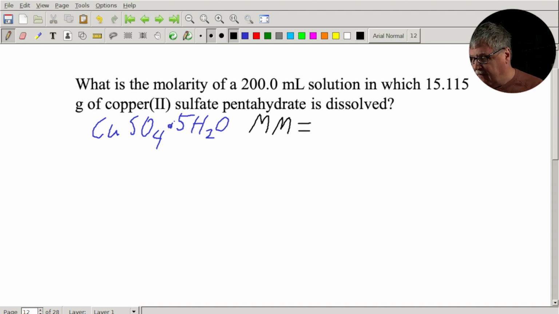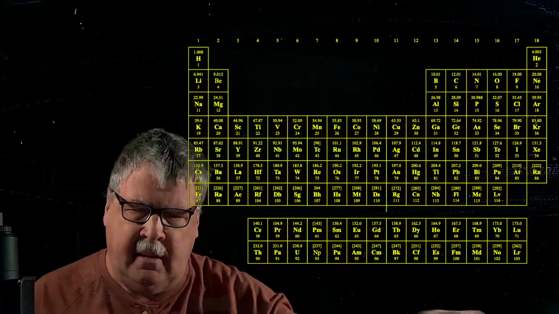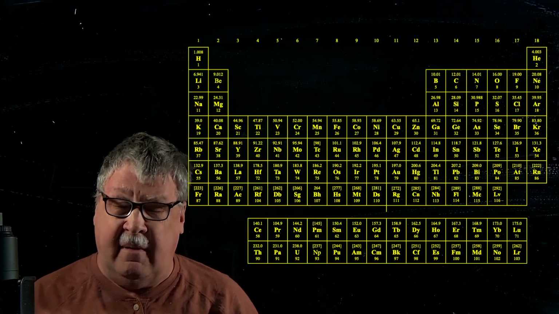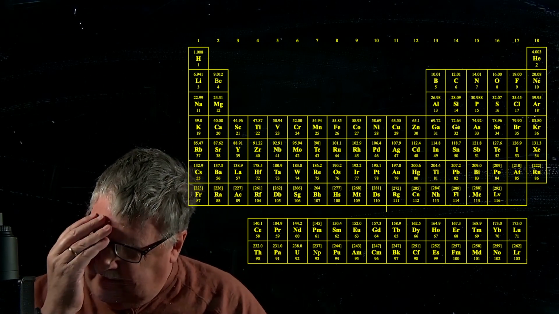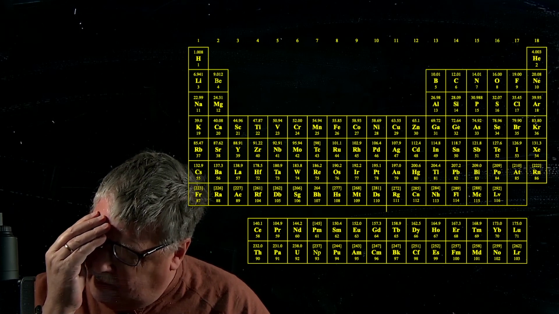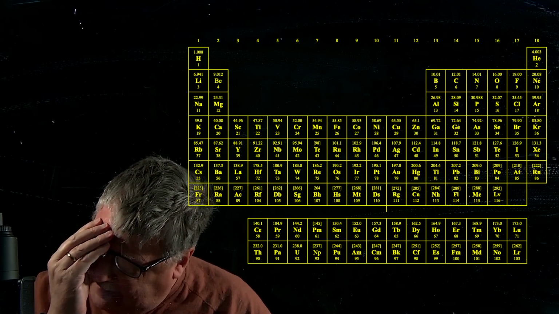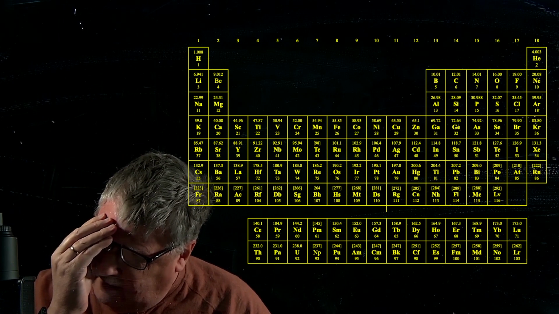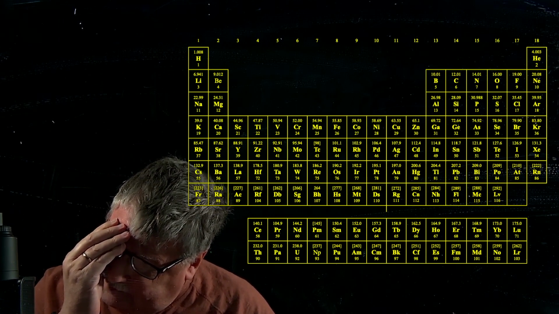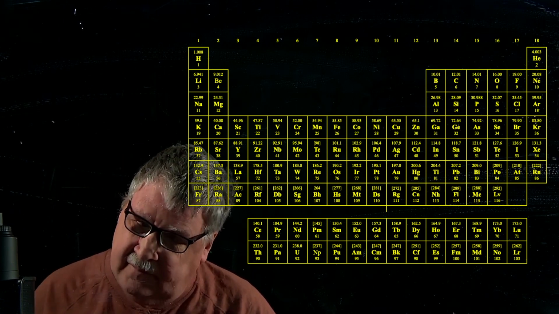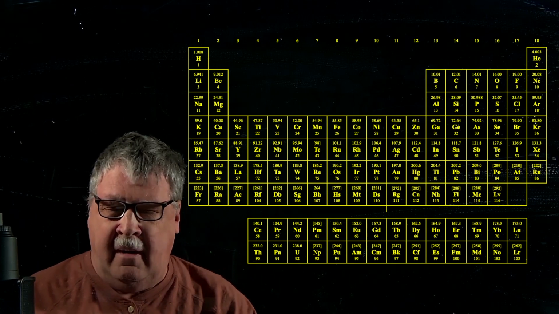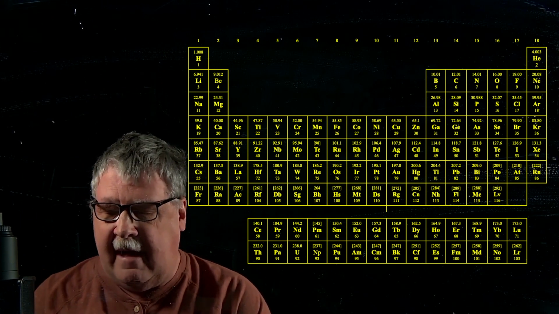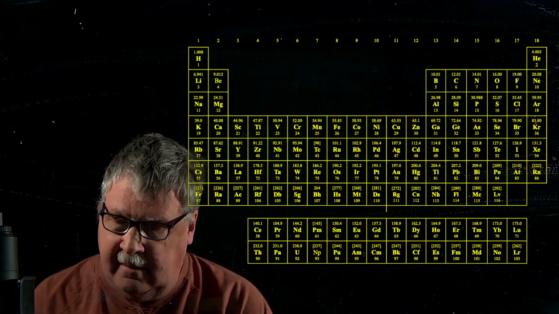All right, so we can refer to our periodic table, which, yeah, there we go. We've got a periodic table up. So take a look, see if you can figure out what is the molar mass of copper 2 sulfate pentahydrate based on this. Copper is 63.55 grams per mole.